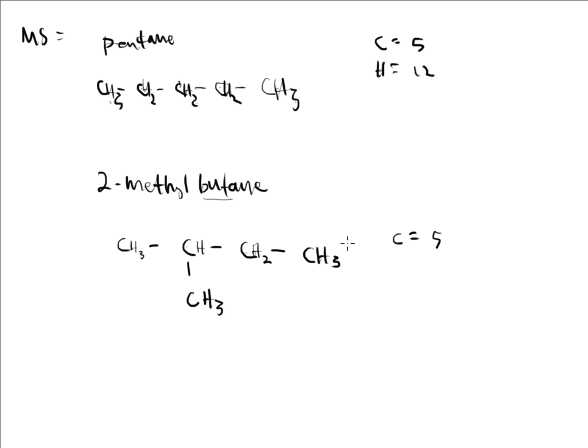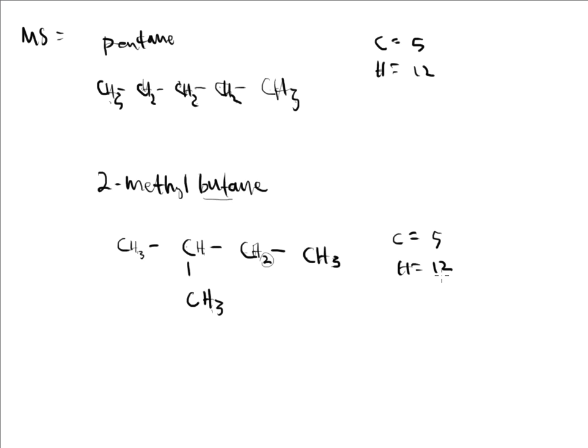And then if I take a look at the total hydrogens down here, 3, 6, 9, 10, 11, and one more makes 12. They're identical. The same number of carbons, the same number of hydrogens. They're isomers of each other, meaning that we have the same number of each atom, but they are connected in a different way. And what I'm seeing in that second choice is 2-methyl butane.